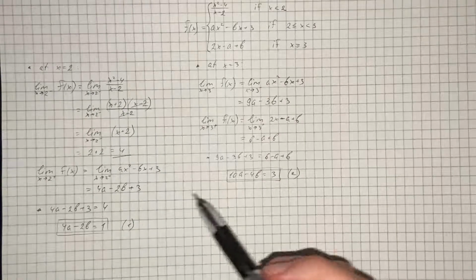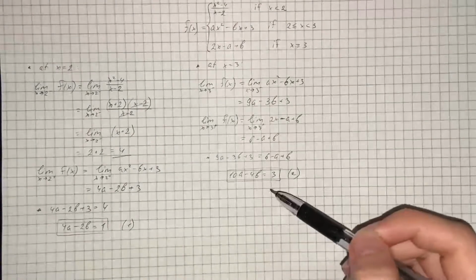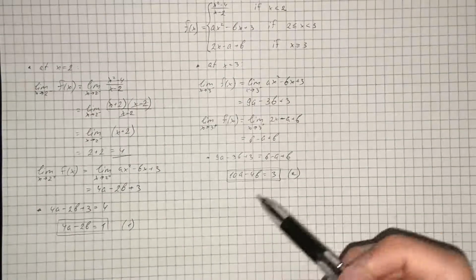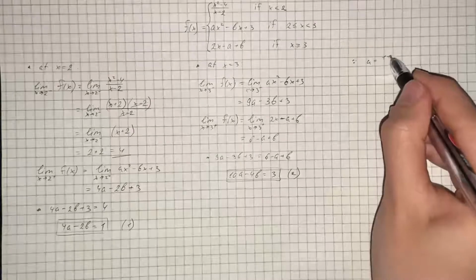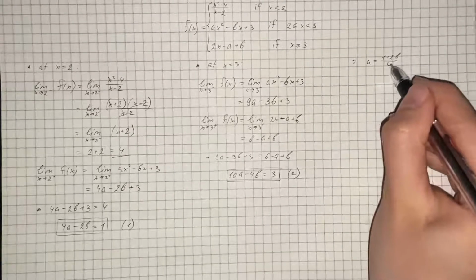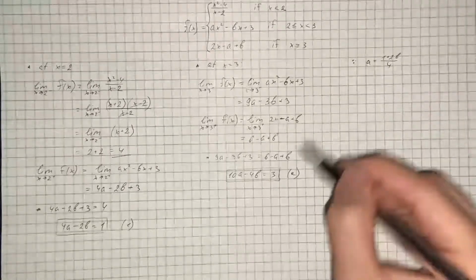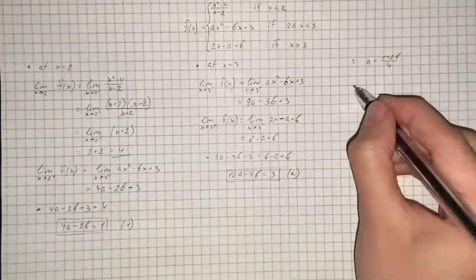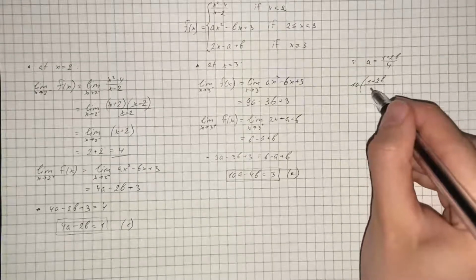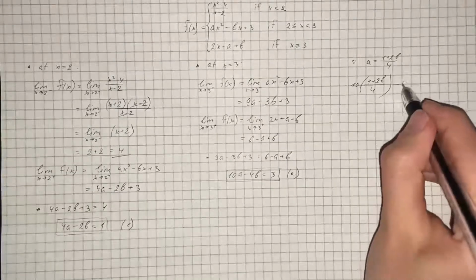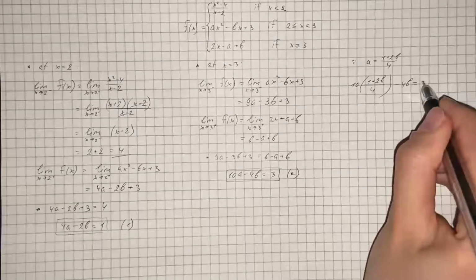So now we're going to solve the first and second equations to find the values of a and b. So from the first equation, we get that a equals (1 plus 2b) over 4. And now we substitute that into our second equation. So we get 10 times (1 plus 2b) over 4 minus 4b equals 3.